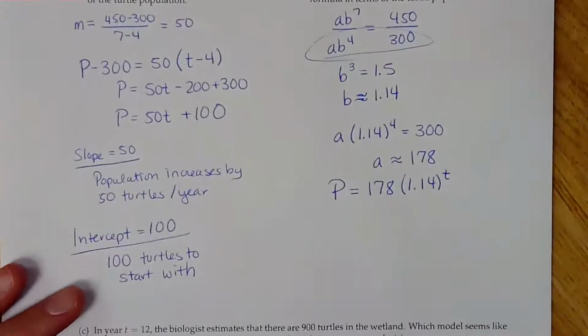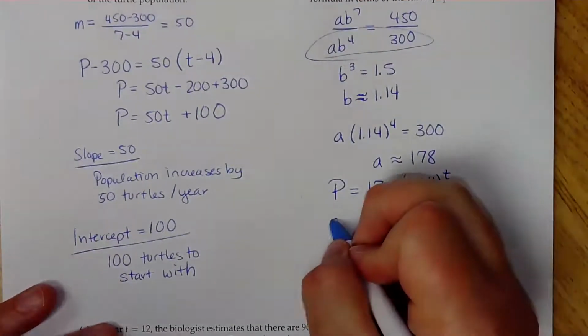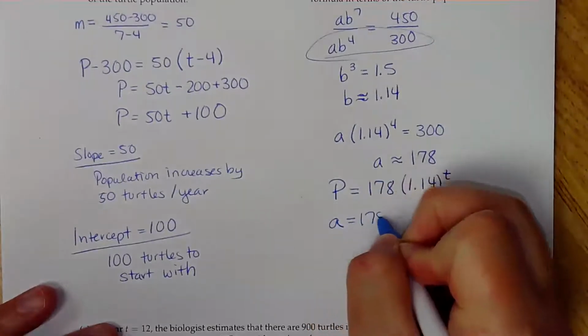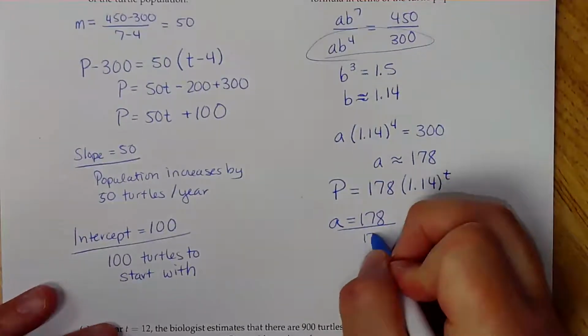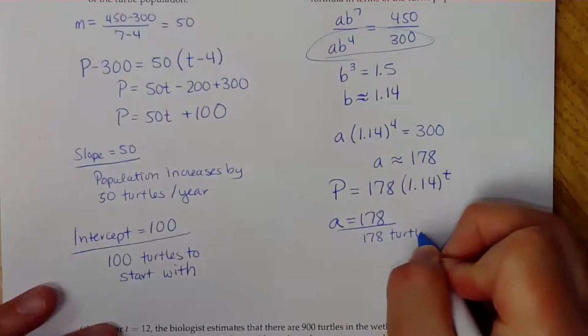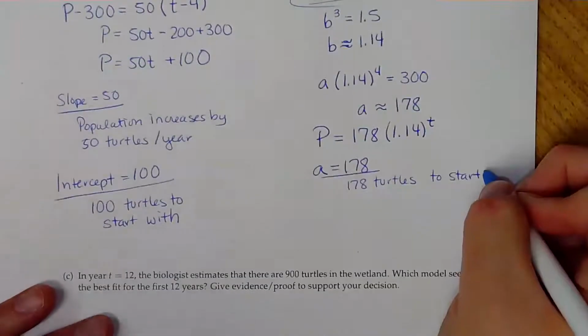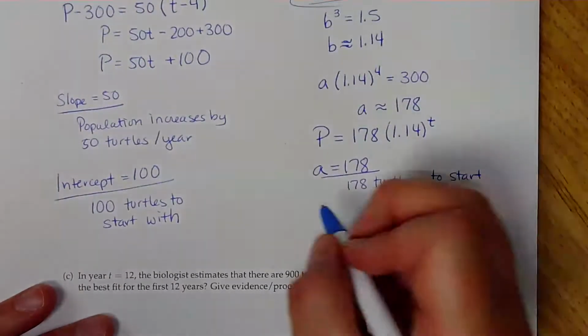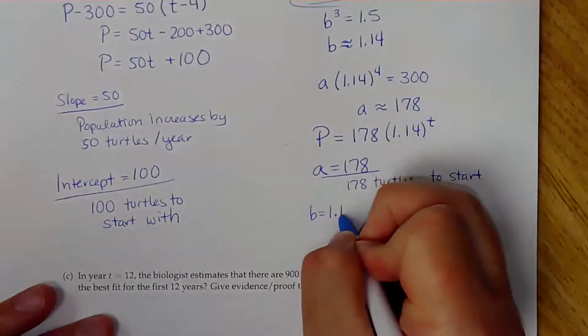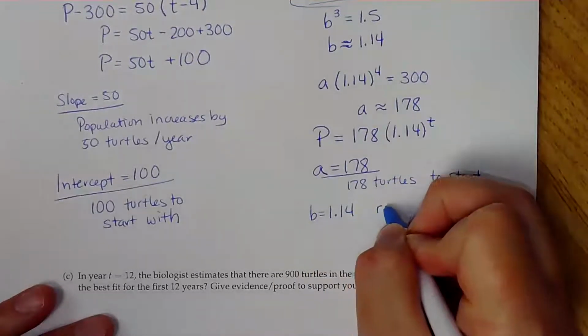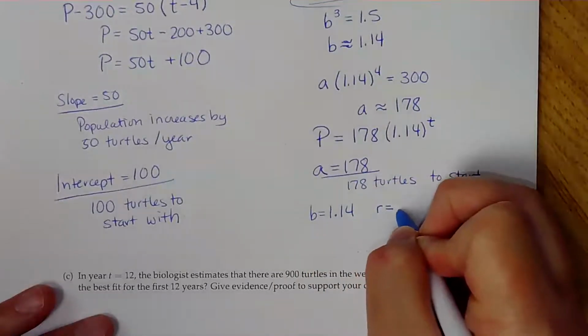And to interpret that in context, I'll start by interpreting A. My A is 178. That is 178 turtles to start. That's my initial population. And then I have B is equal to 1.14, which means that R is equal to 0.14.